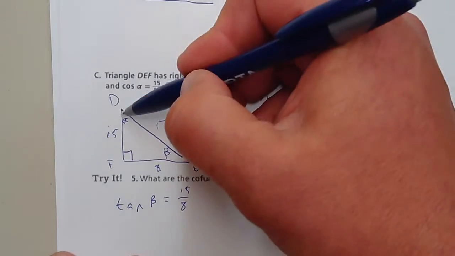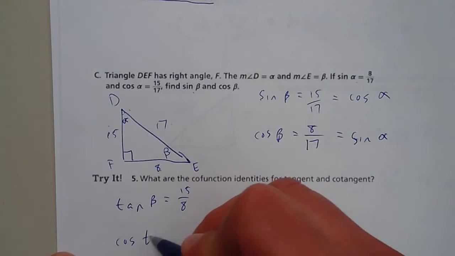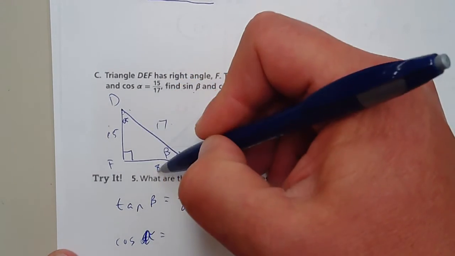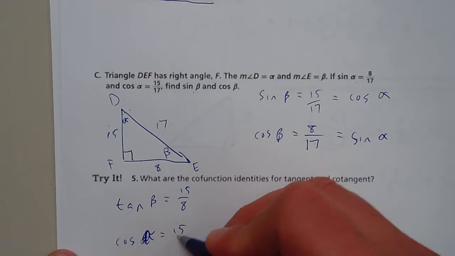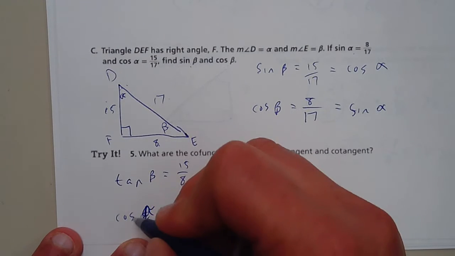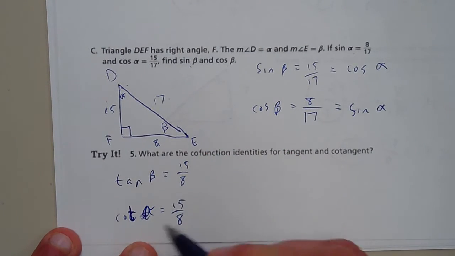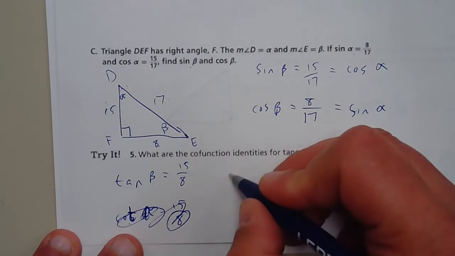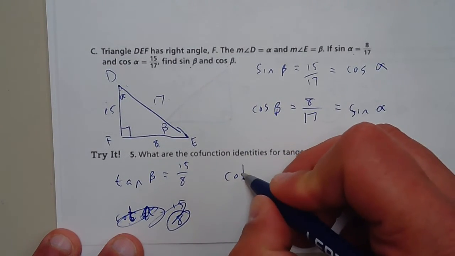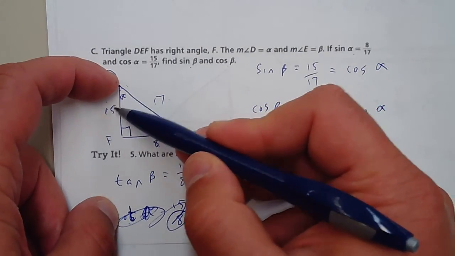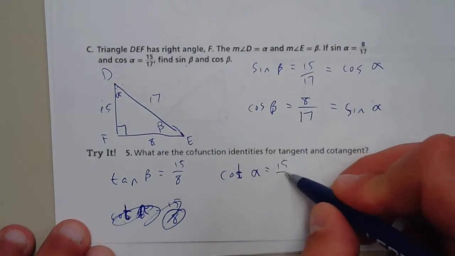Cotangent of alpha, adjacent over opposite, would be 15 over 8.